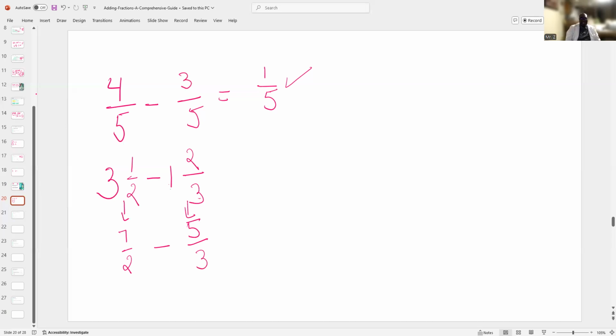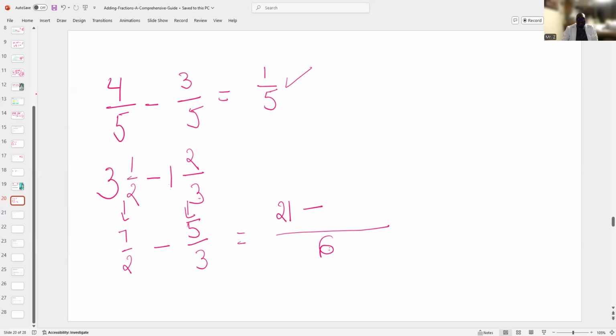Now that I have this shape right there, I can easily decide which way you wanna do that. I can go ahead and find the lowest common denominator, which is 6. 6 divided by 2 is 3. 3 times 7 is 21.